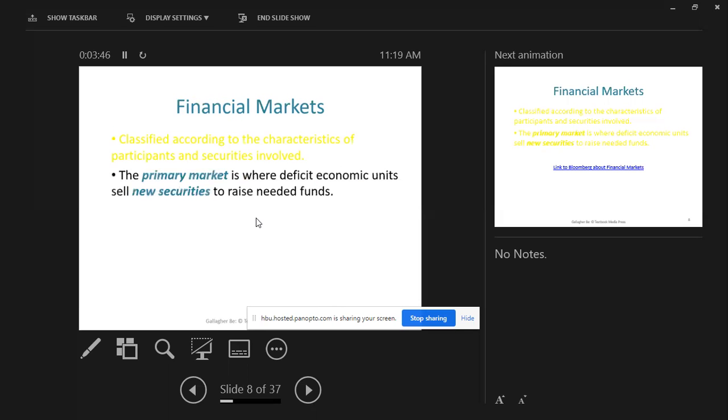One is the primary market, and another one is the secondary market. So what is a primary market? The primary market is where companies issue new securities to raise capital. Primary, that's the first time, issuing new securities.